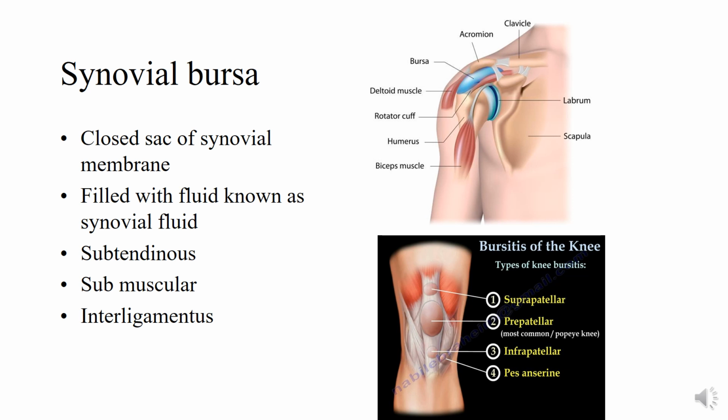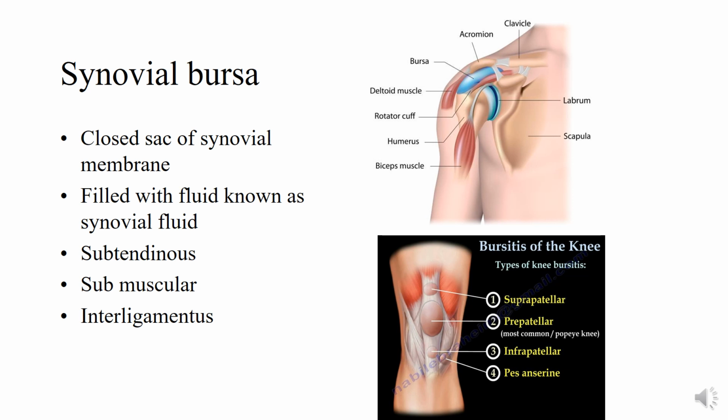The delicate walls of the flat sac are separated from each other merely by a film of synovial fluid. In addition to subtendinous positions, synovial bursae are also found in subcutaneous, submuscular and interligamentous locations.